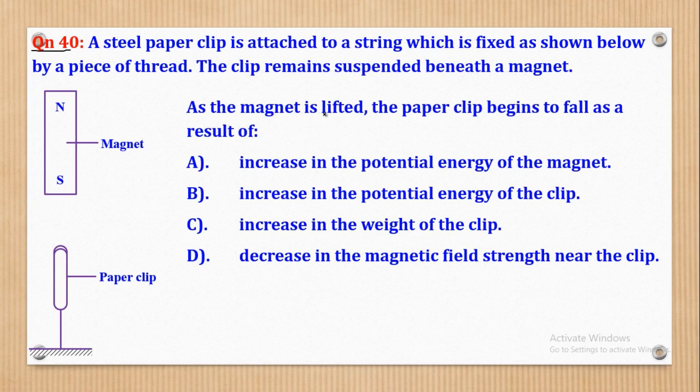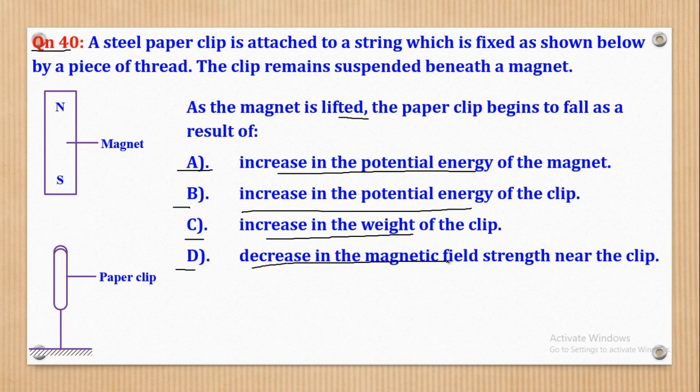As the magnet is lifted, the paper clip begins to fall as a result of option A, increase in the potential energy of the magnet, option B, increase in potential energy of the clip, option C, increase in the weight of the clip, option D, decrease in the magnetic field strength near the clip.